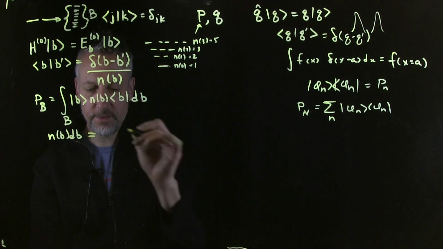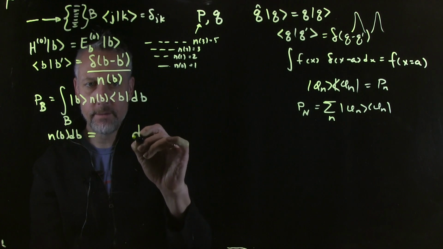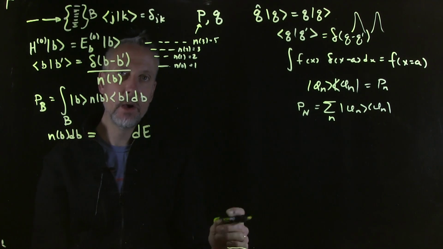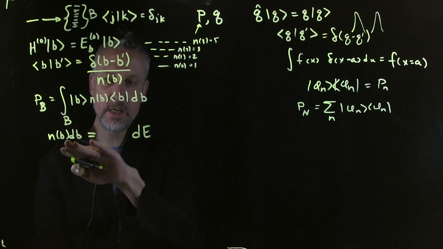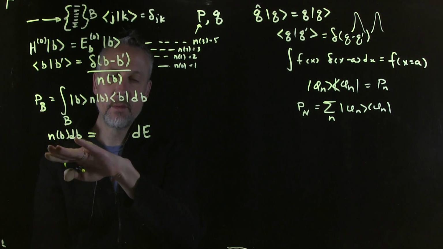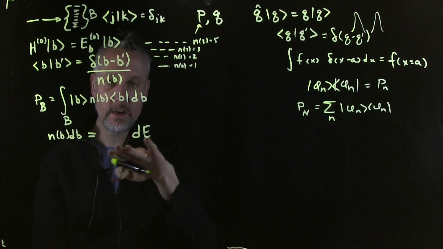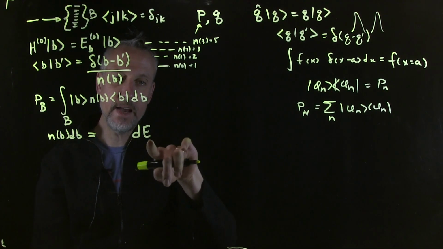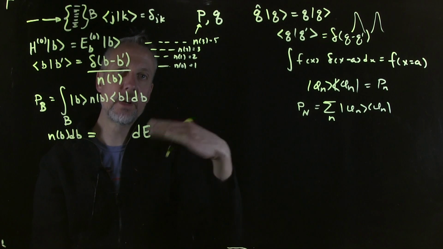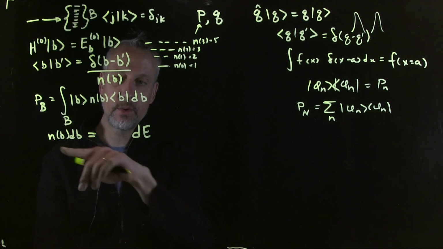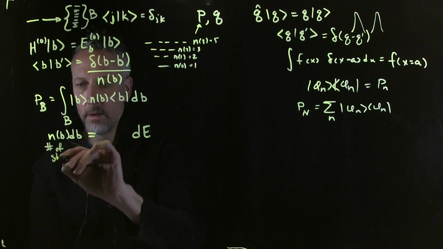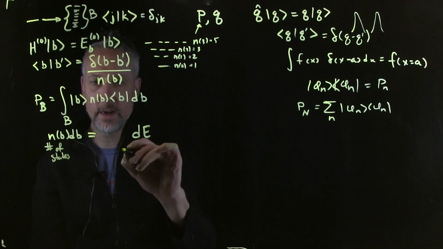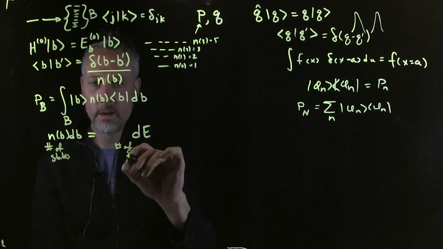This will be equal to something over the small energy range, right? We want this to be in sort of energy per index, or number of states per index. We want this to be equal to something else. So if we have energy now, then it's going to be number of states per energy, because we want, at the end of the day, to get number of states. And here we're going to have number of states as well.